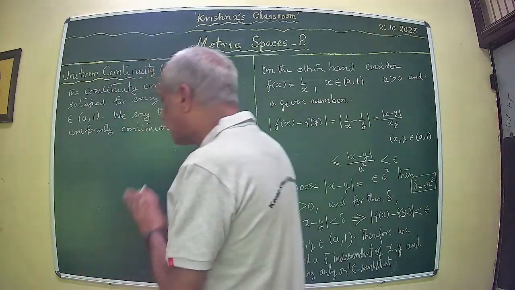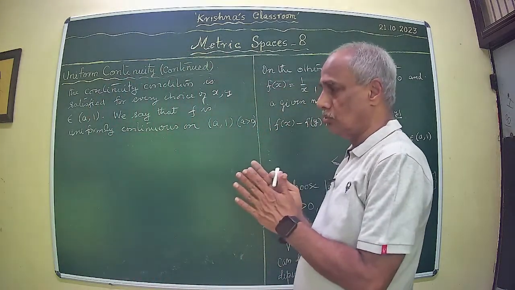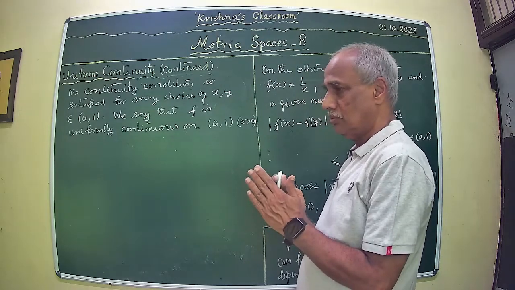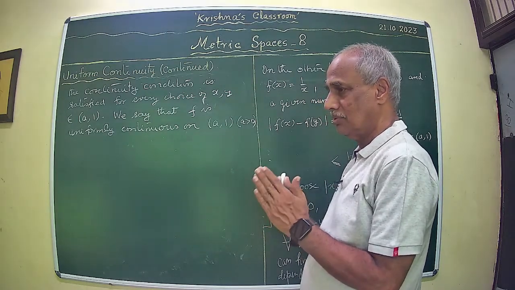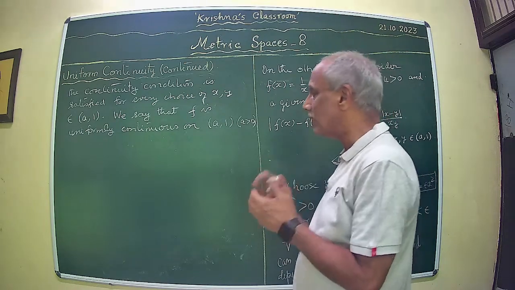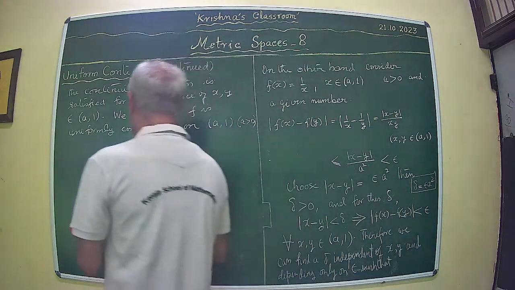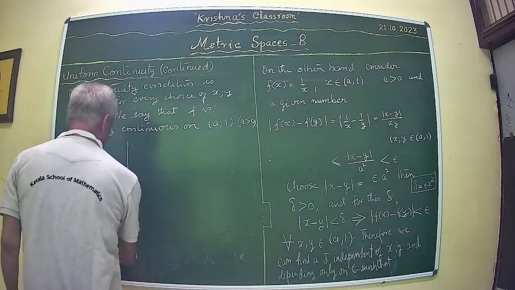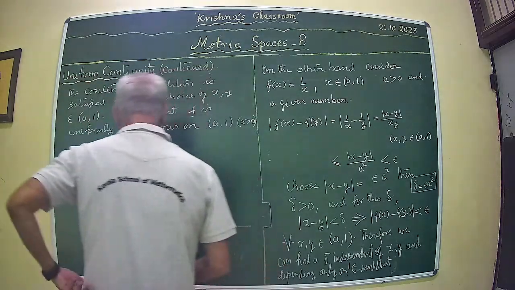So the closer you are to 0, the delta becomes very small, but nevertheless a delta exists. Now you can see our graph of this function.